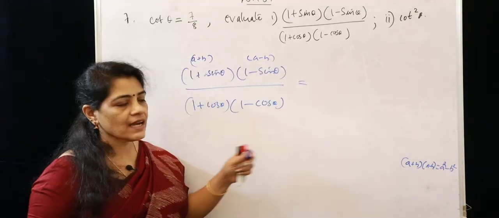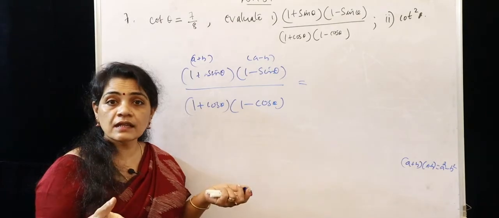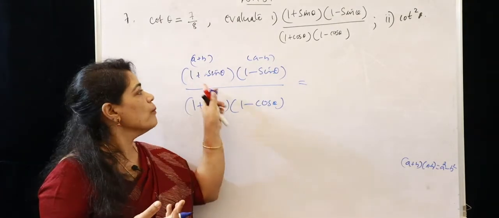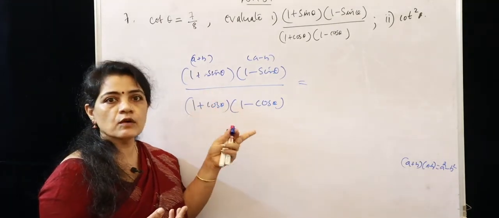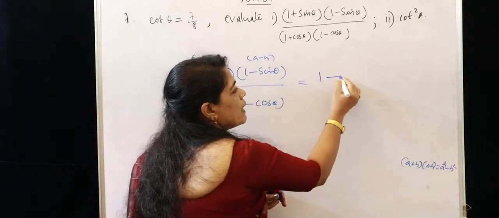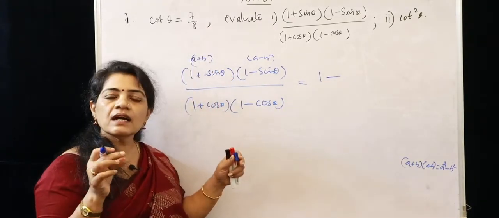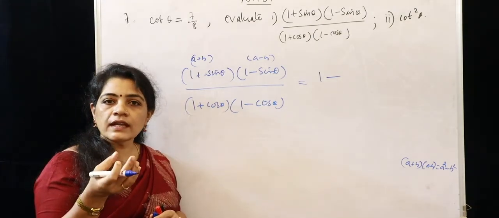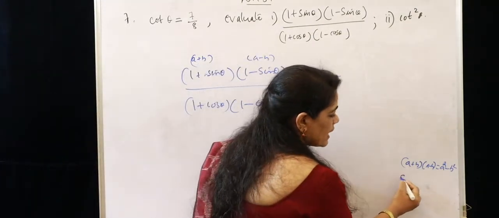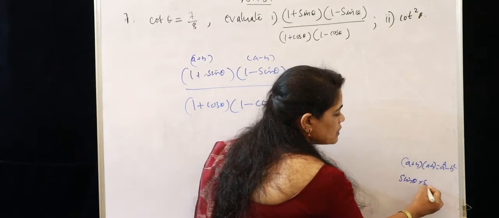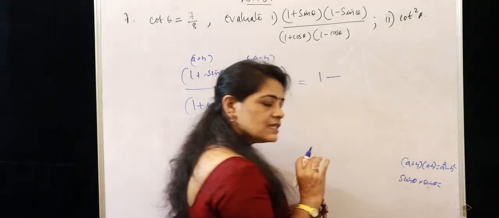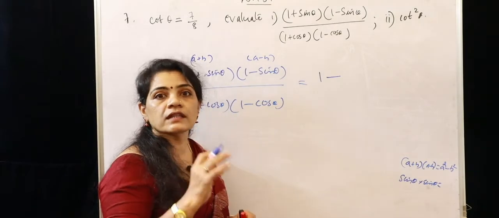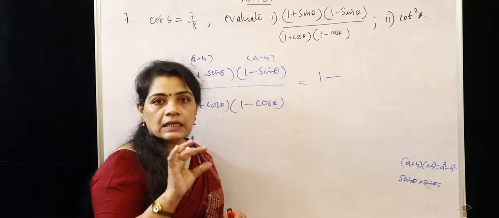By using that identity, the numerator can be written in the form a square, 1 square is 1 itself, minus sin theta into sin theta. Okay, children, we are not squaring theta. See, sin theta into sin theta we simply write as sin square theta. We are not squaring the angle.